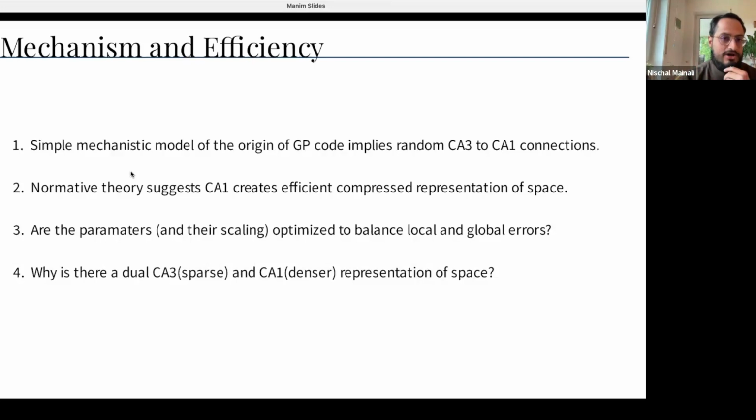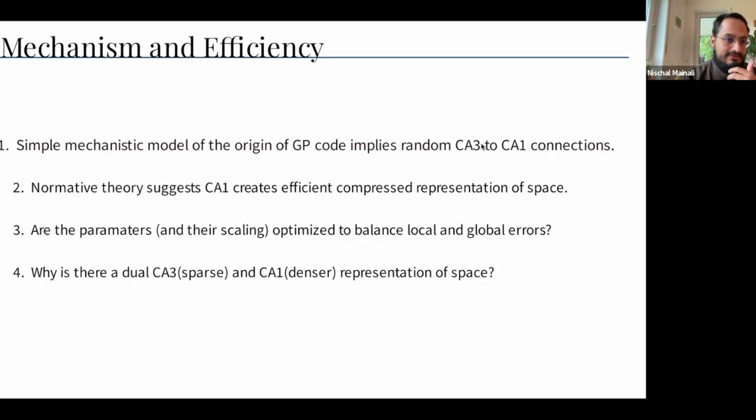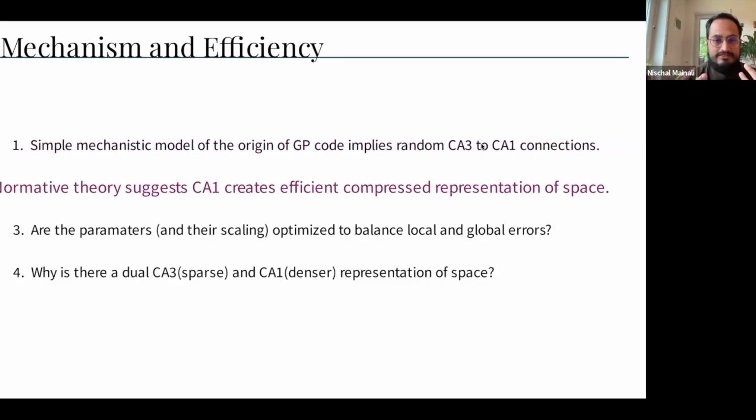Taking stock here, and I'm almost at the end of the talk: our reflections on mechanism and efficiency lead us to think that the connection from CA3 to CA1 might be predominantly random. And more normative theories suggest that CA1 is creating some kind of efficient compressed representation of space that can be read out with high accuracy.